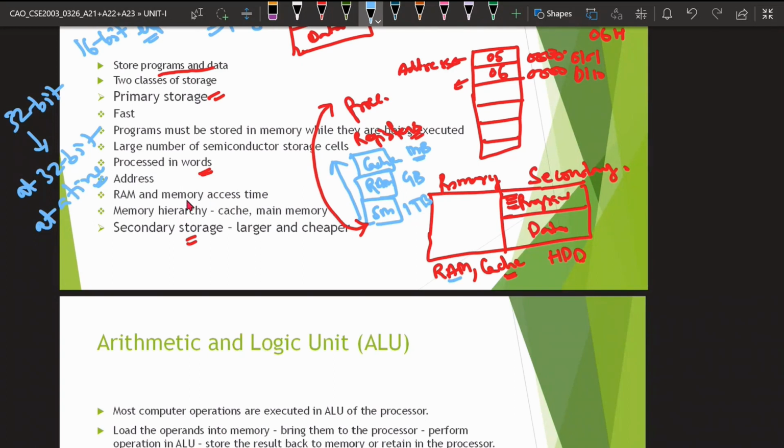So memory access time is going to govern the speed of these memories. The memory hierarchy is considered as cache memory and main memory, where main memory is the RAM, and then secondary memory. Secondary storage memory is larger in quantity, but it is less costly, the cheapest one.